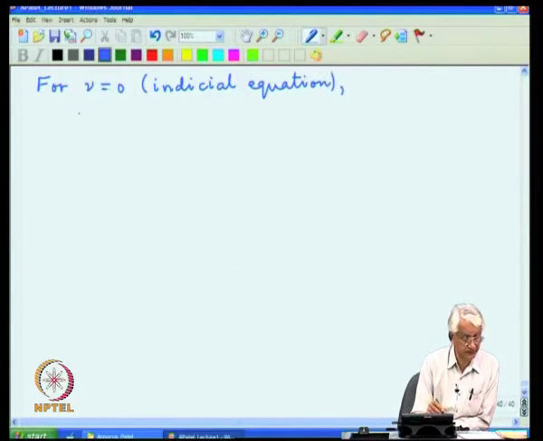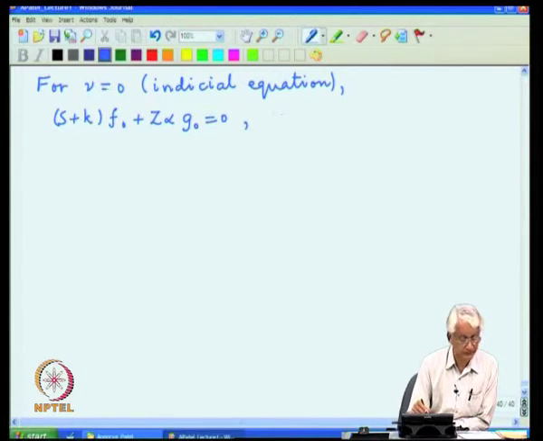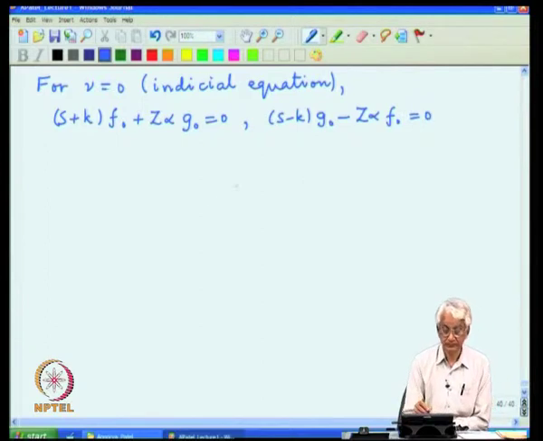We have the simplified version, which is a relation between f 0 and g 0. There are two equations and they are homogeneous equations.